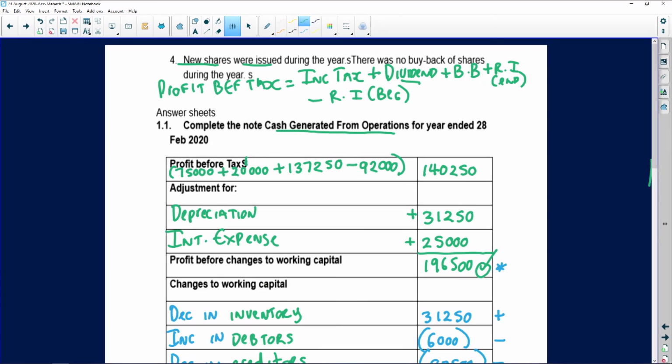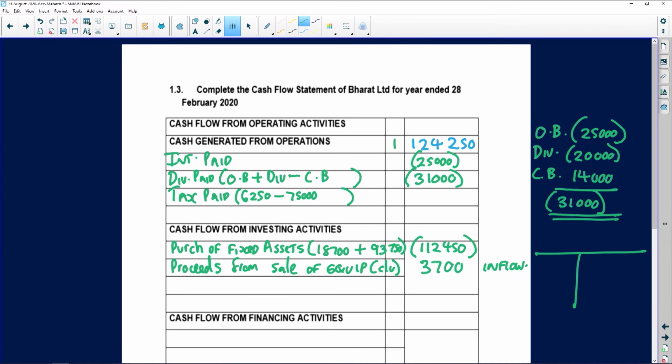This money has not left your bank account. You are still owing the receiver an amount of 16,250. So all you're doing is you are adding 16,250. Again, guys, remember, you could draw up the SARS account and you're going to still get the same answer.